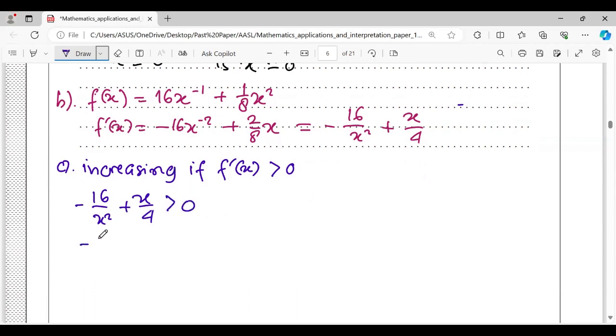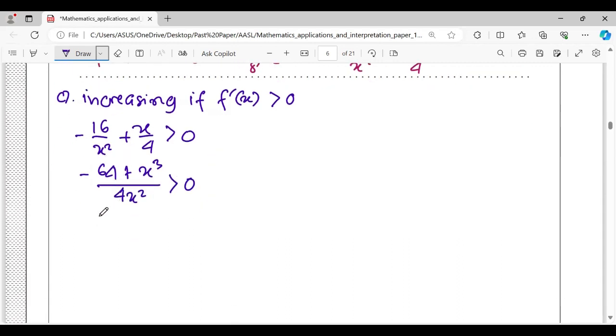So it will be minus 64 plus x cubed over 4x squared greater than 0. So minus 64 plus x cubed is greater than 0, because 4x squared times 0 is 0. So x cubed is greater than 64.